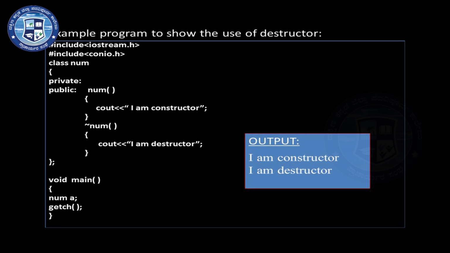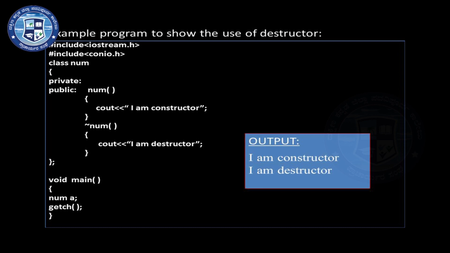First message you can observe is I am constructor, and the next message it will display is I am destructor. So two messages it will display back to back, one from the constructor and one from the destructor. This is how the constructor and destructor concept works.